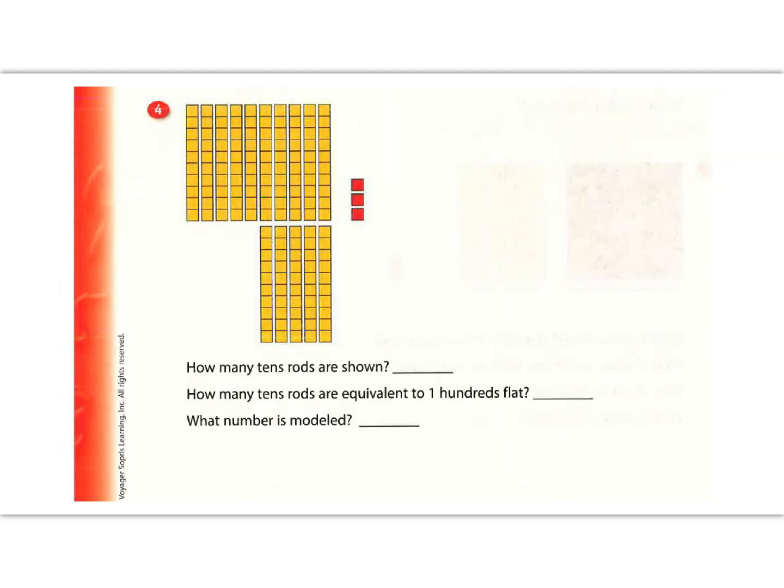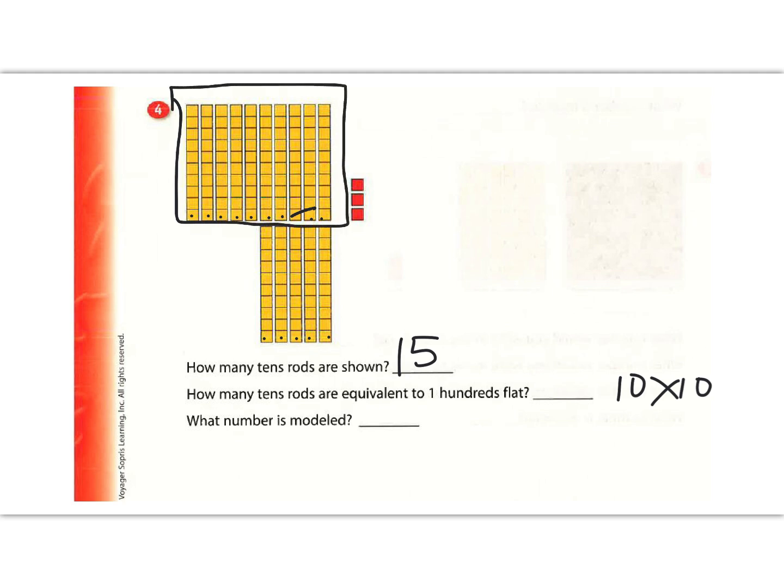This says how many tens rods are shown. Well, let's count them all. 1, 2, 3, 4, 5, 6, 7, 8, 9, 10, 11, 12, 13, 14, 15. 15 tens rods. Well, how many tens rods are equivalent to 100? Well, 10 times 10 is 100, so 10 of them. So that would be all of those.